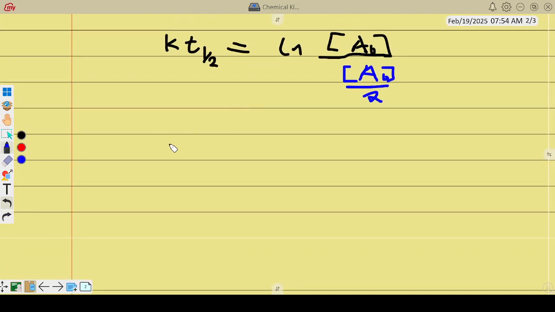We can simplify to say this is k half time is equal to ln. So let's simplify this. Let me omit the brackets so that we work faster. So we have a, this is our a naught. Of course you have to remember we have the brackets.